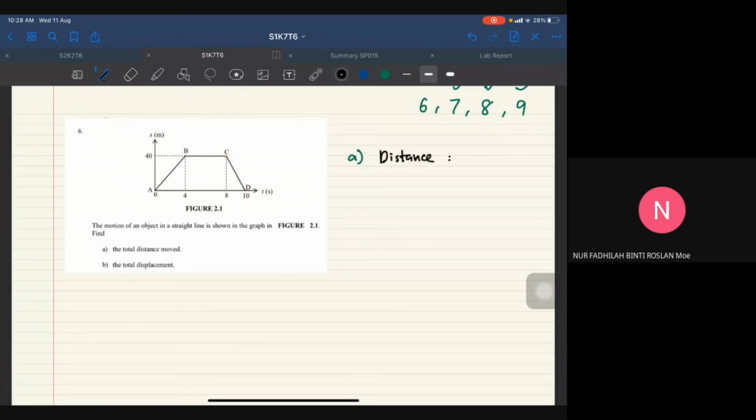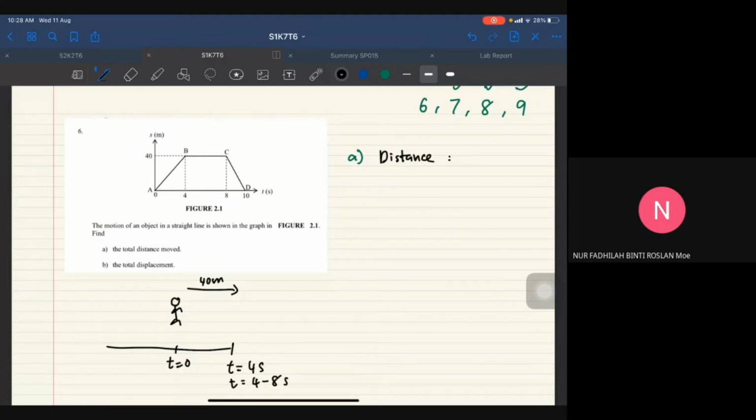So, maksudnya kalau saya nak lukis dalam bentuk orang, so from the time equals to 0, dia dekat 0 lah kat sini. So after 4 second dia travel sebanyak 40 meter to the right. Okay, and then after 4 to 8 second dia tak gerak. So dia duduk diam kat situ.